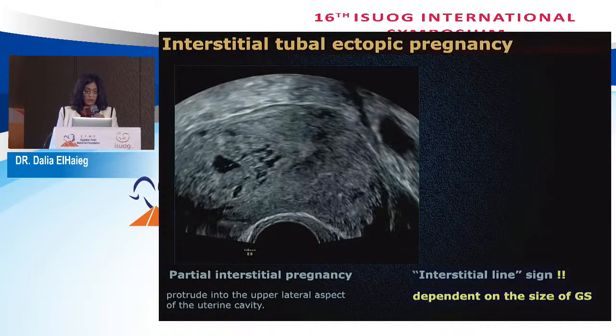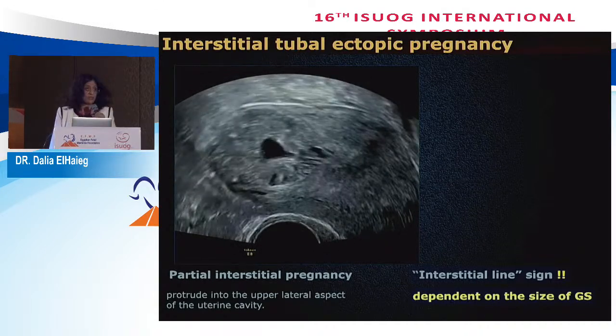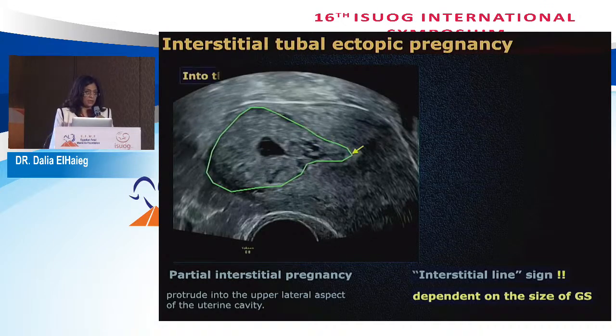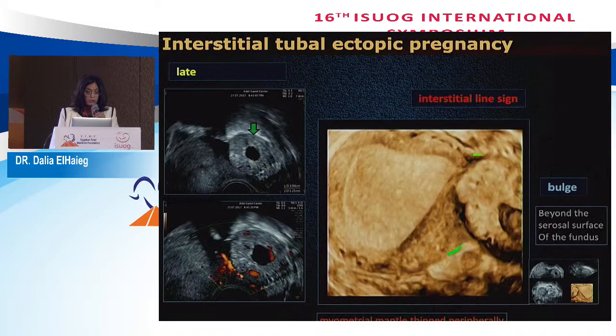As you can see, sometimes the growing gestational sac expands and spreads medially, so it will occupy the whole tube, so you can see the interstitial line sign, and it may even abut the endometrial line and protrude in the upper lateral angle, and this is what is called partial interstitial pregnancy. As you can see here, it bulges into the upper lateral corner, and it's really difficult to differentiate it from angular pregnancy.